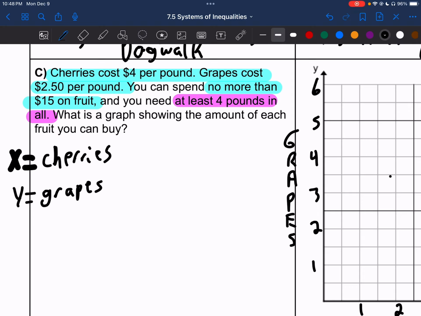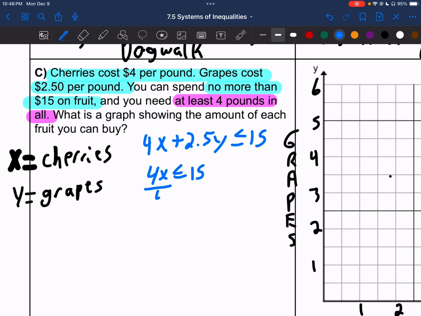All right, so my first equation, we're going to stitch the money together. We have 4x plus 2.5y has to be less than or equal to 15. And let's go ahead and find our intercepts right away. 4x is going to be less than or equal to 15. So if we only bought cherries, divide by 4, we could have 3.75 pounds of cherries.